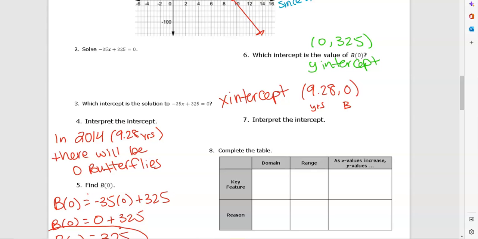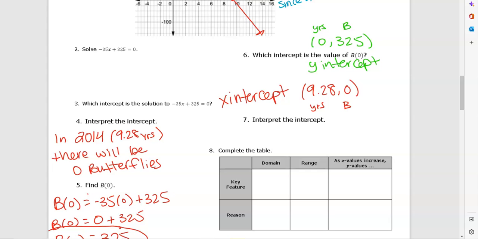All right, so let's interpret that. Remember, this is years, this is butterflies. So how do we interpret our y-intercept? What did we always say the y-intercept was? It represented the start, the beginning, right? Our y-intercept shows me where something begins. And what do we consider the beginning for this butterfly thing?